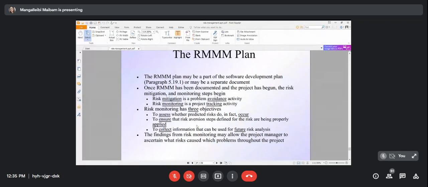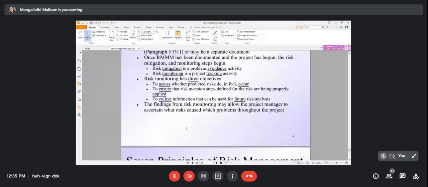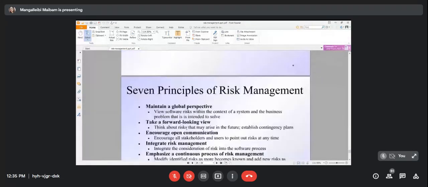Each and every step will be analyzed, will be monitored, and we will check if there are any kinds of risks that might occur or not. And also we will be collecting information about the future risk analysis. So that will be done in risk monitoring.